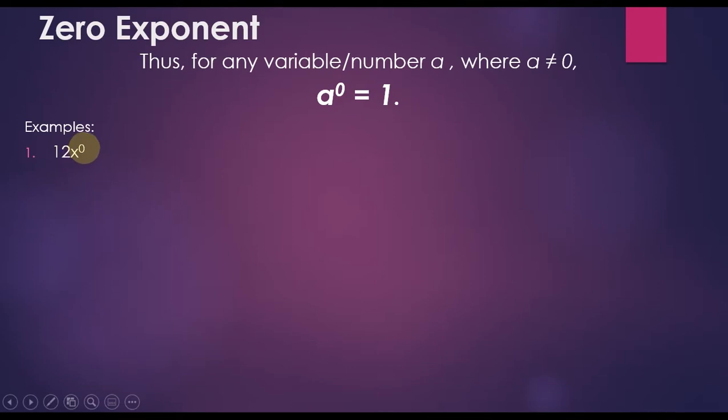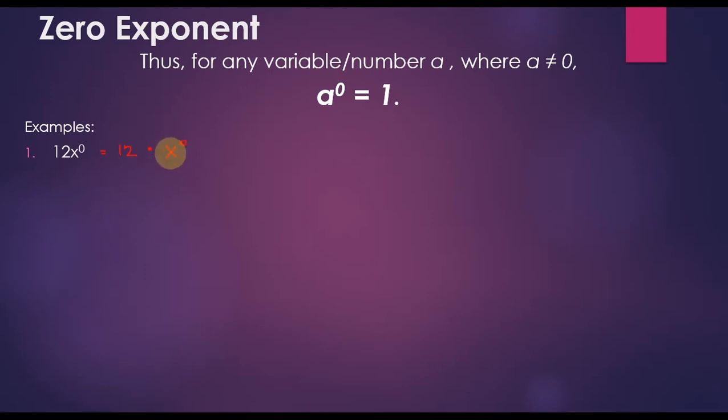12x raised to 0. In this problem, make sure to identify the base of our zero exponent. So let's separate to see what is the base of our 0. It means 12 times x raised to 0. So here, x is only the base of our zero exponent.